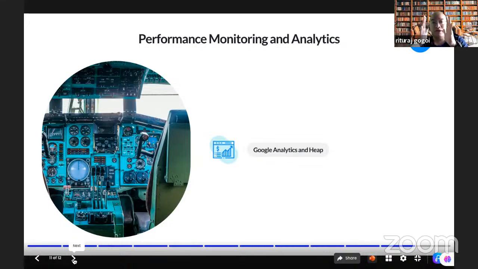And also we did funnel analysis to understand where in the journey the users were getting stuck, which pages had high drop-offs, so that we could optimize those pages and flows. So Google Analytics and Heap were our partners in helping us do that.